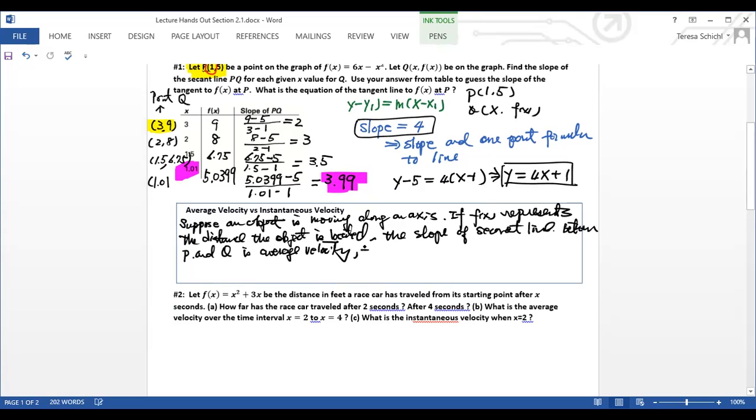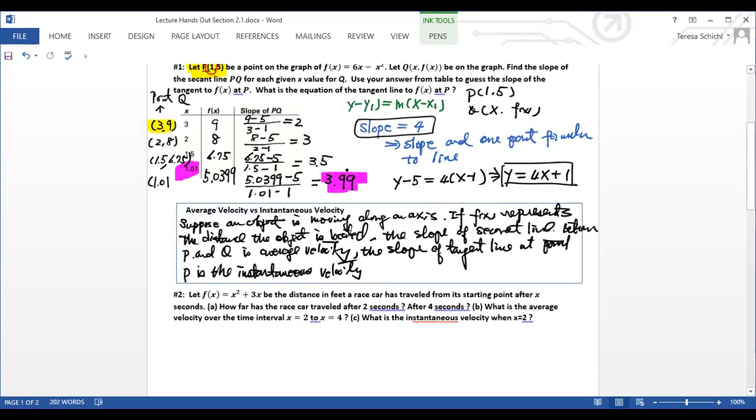And the slope of the tangent line at the point P is the instantaneous velocity.